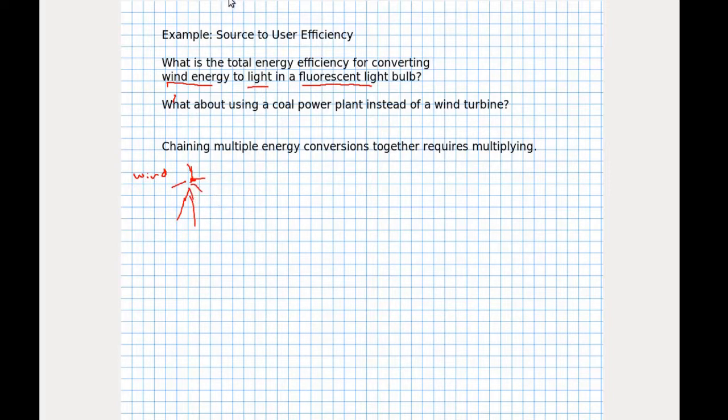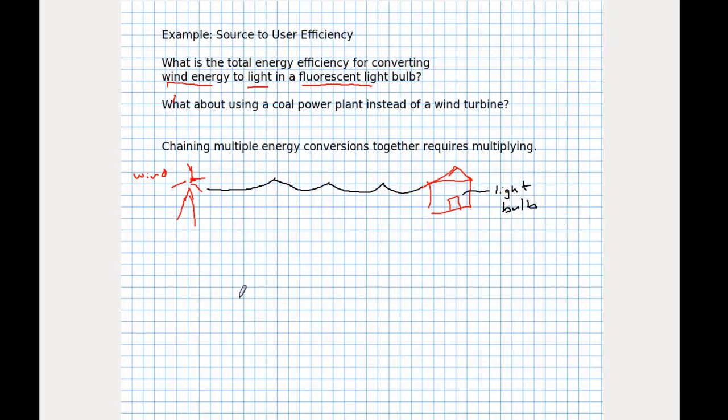That electricity gets sent through wires that go to your house. Here's my little house. And then in your house, that electricity goes into the light bulb. And the energy gets converted into light.